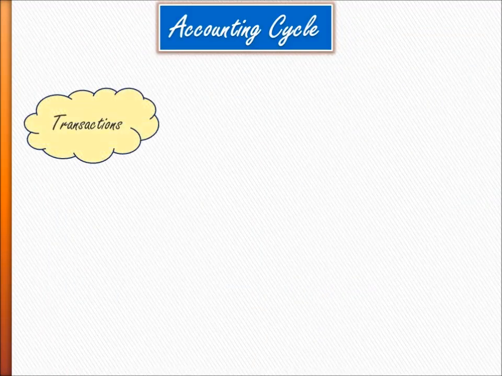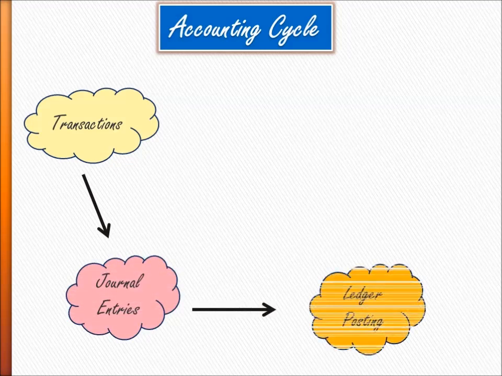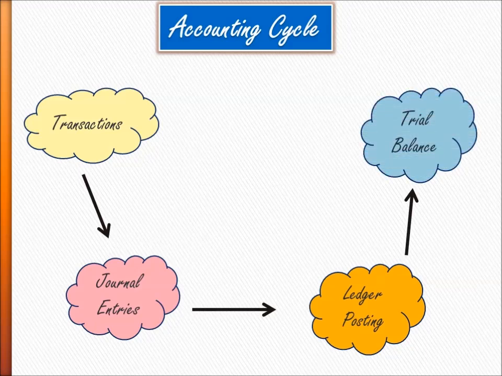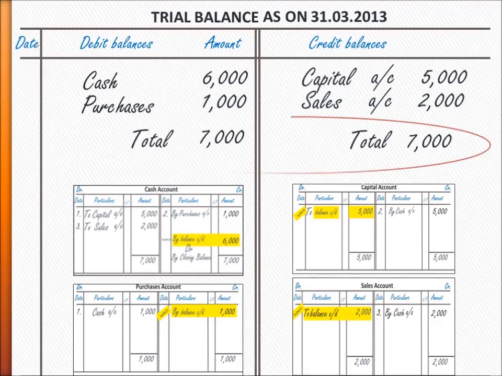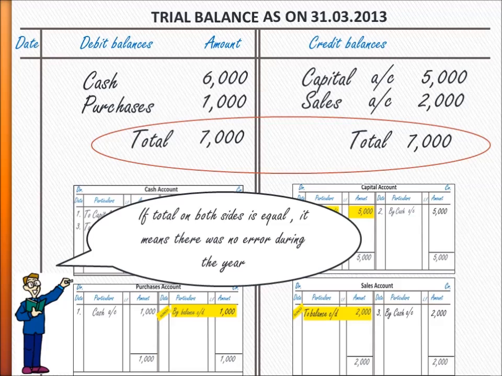First of all, transactions were converted into journal entries and journal entries were converted into ledger posting, and on the basis of ledger posting, trial balance was prepared.